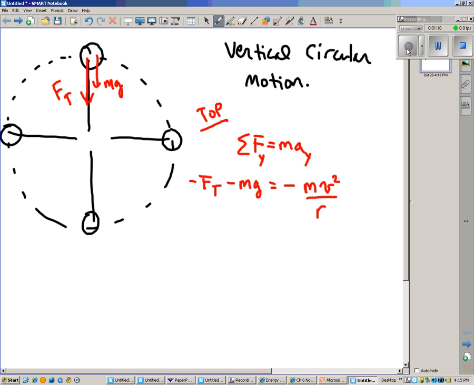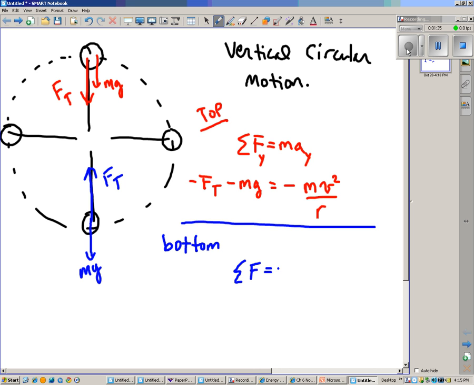And so that's the basic idea for the top section. Now if we go to the bottom section, we know the force of tension is up this way, and mg is down that way. Looking at the bottom, the sum of the forces equals ma, and again, this is in the y direction.